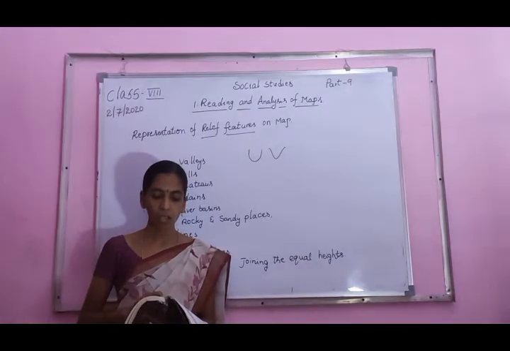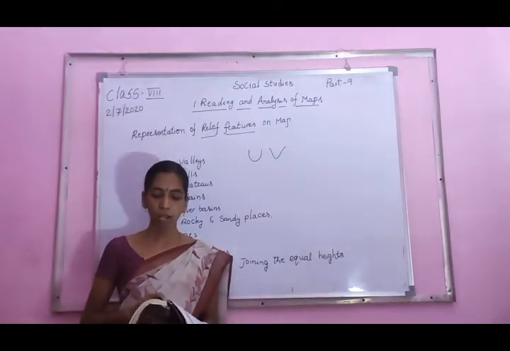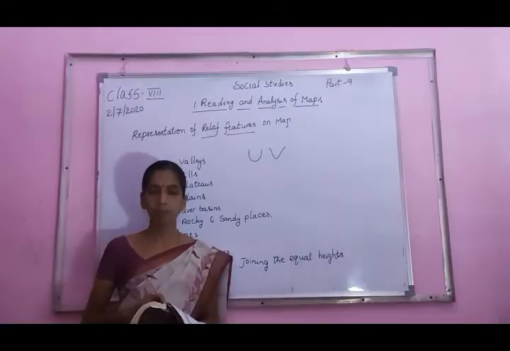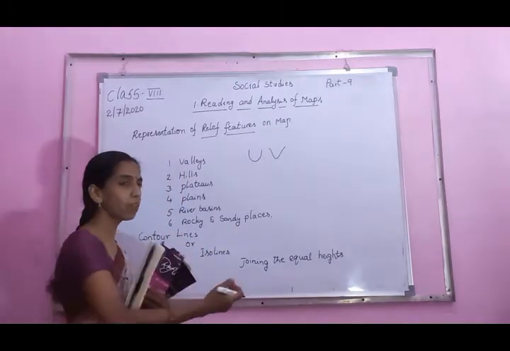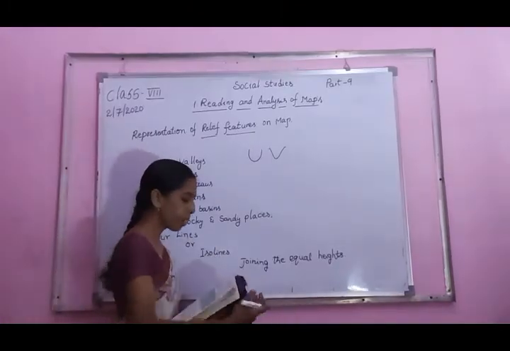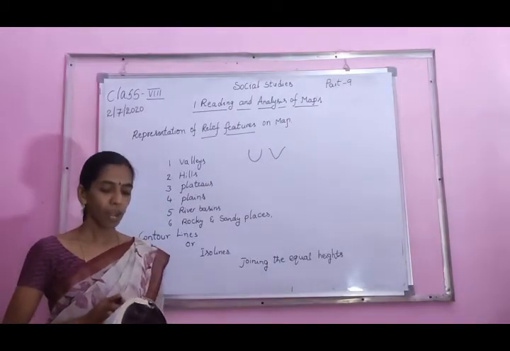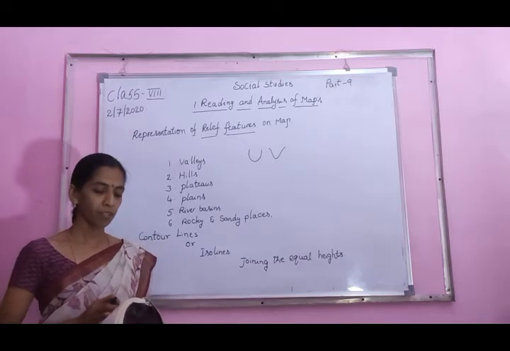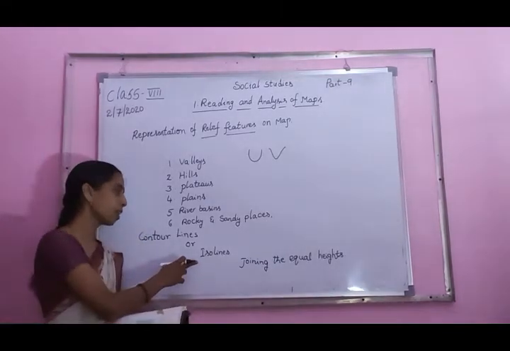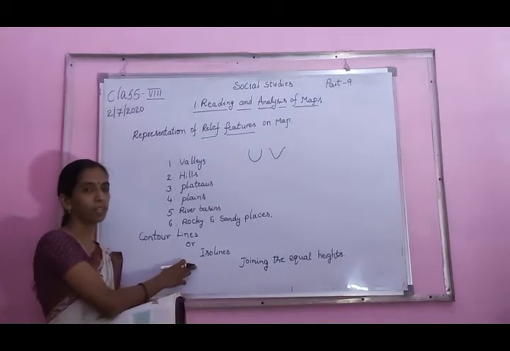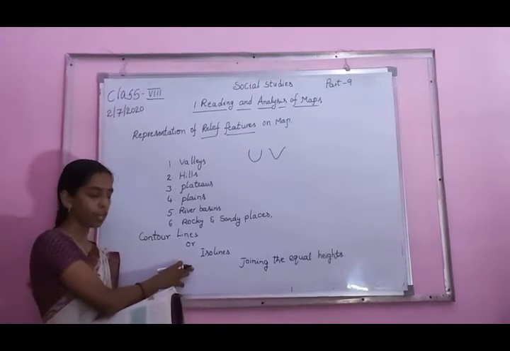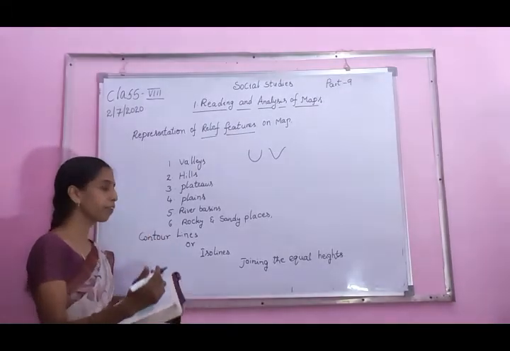In other words, all places on a contour line have the same height from the sea level. Contour lines are also called isolines, lines joining places with some common features.